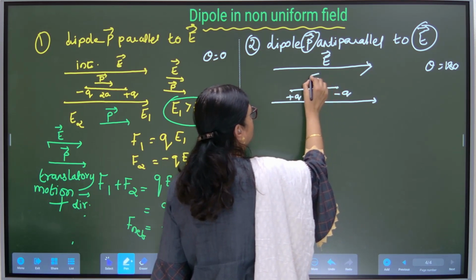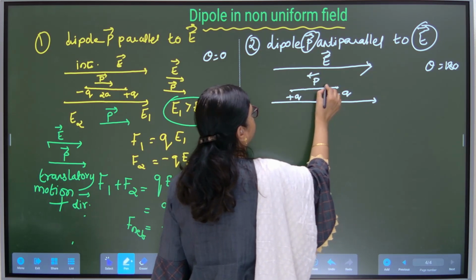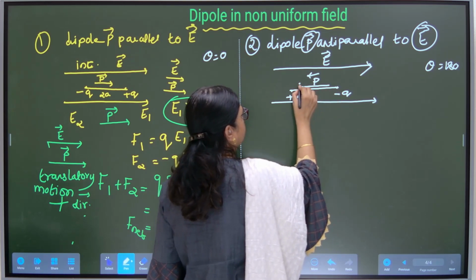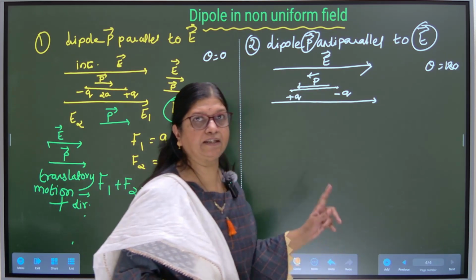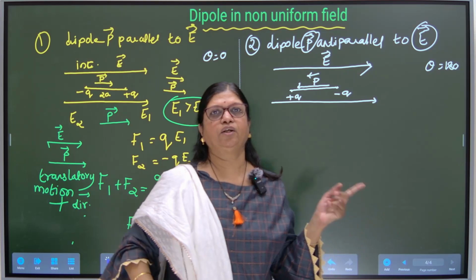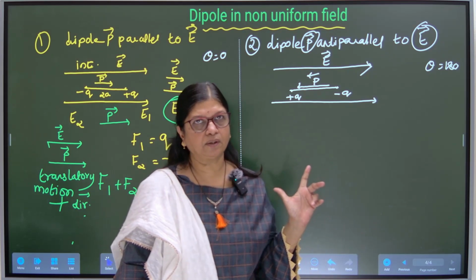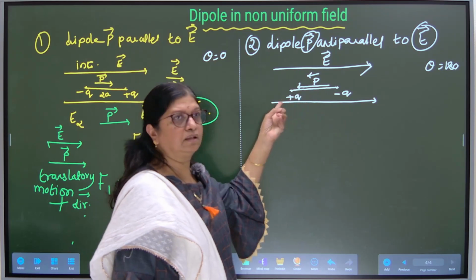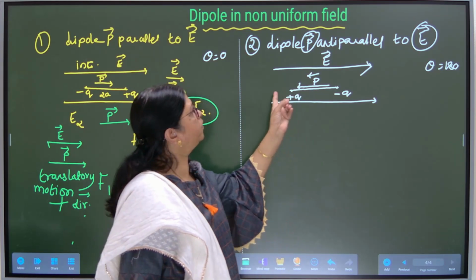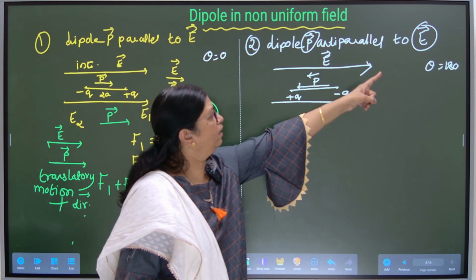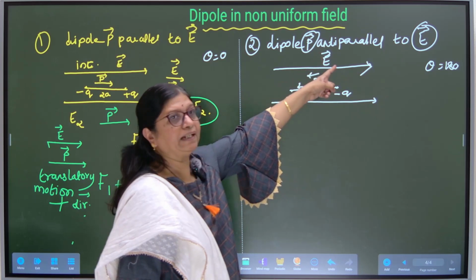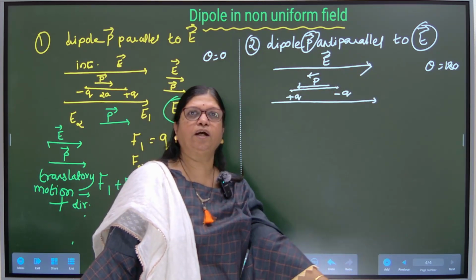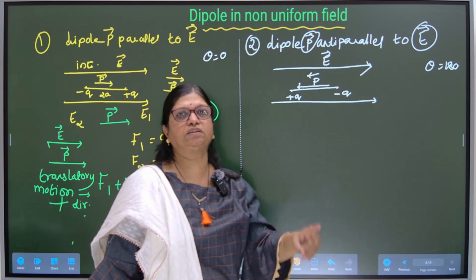Now as we know, the direction of the electric dipole is always from negative charge minus Q to the positive charge plus Q. Fine? Okay, so the direction of the electric dipole is opposite to the direction of the electric field. Theta is equal to 180, anti-parallel. All these words should come as a combination with each other.